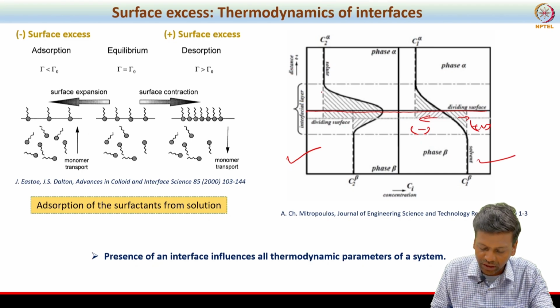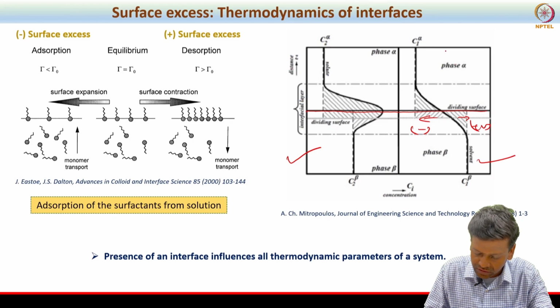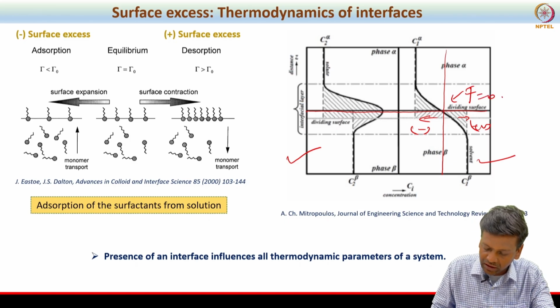Whereas in this case, because the distribution is asymmetrical in nature, you will not be able to get equal areas. So for the solute, it will be very difficult to identify the midpoint or the reference plane. But here it is very easy to understand the reference plane, because at this point you have a midpoint where the gamma excess is 0. So when you identify the midpoint, it is easy for us to calculate.